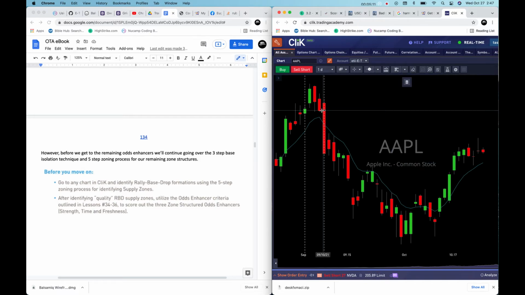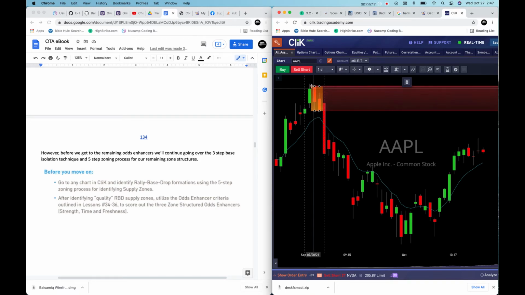All right, but the preferred method is to use the bottom of the lowest body within the base and the highest wick within the base. Okay, and again, on a rally base drop formation, you're going to place the distal line at the highest wick.